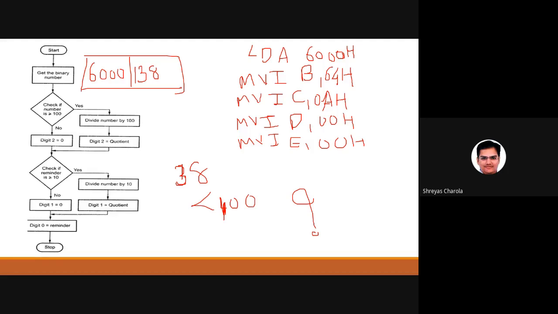Okay, so which are the flags we have in the processor 8085? And if the number goes below 100, which flag will be affected?